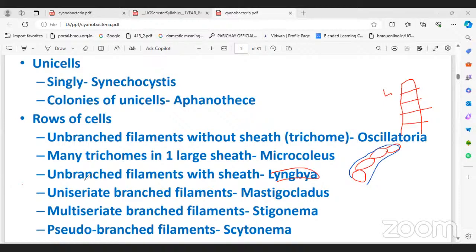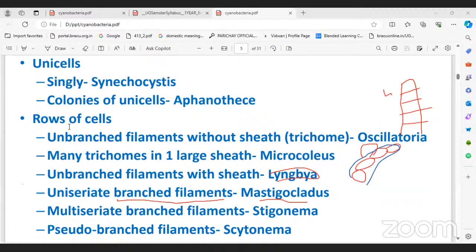The next one, the branched filamentous. Take branched filamentous, Mastigocladus. The branched means simple. For example, this is Mastigocladus. What happened here? Branches are there like this.